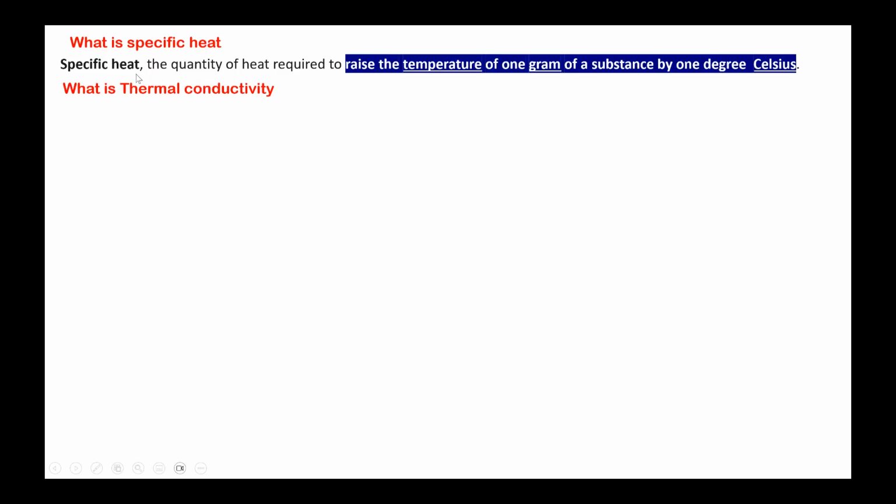The specific heat of the metal with which we make the vaporizer is also very important. And the thermal conductivity is applicable to the metal that we choose to make a vaporizer. What is thermal conductivity? It is the ability of the metal or material to conduct heat.